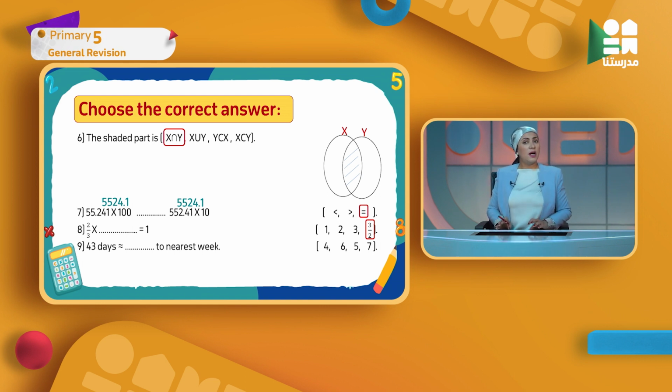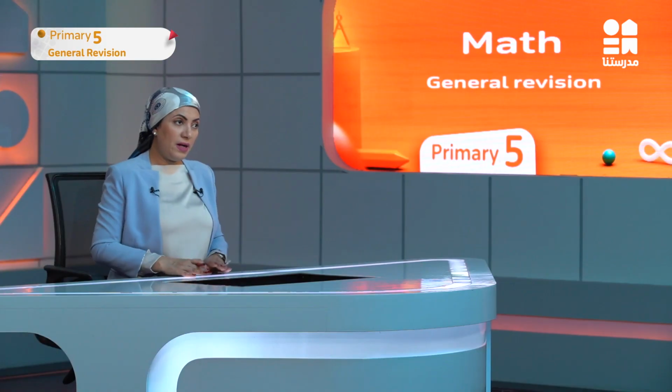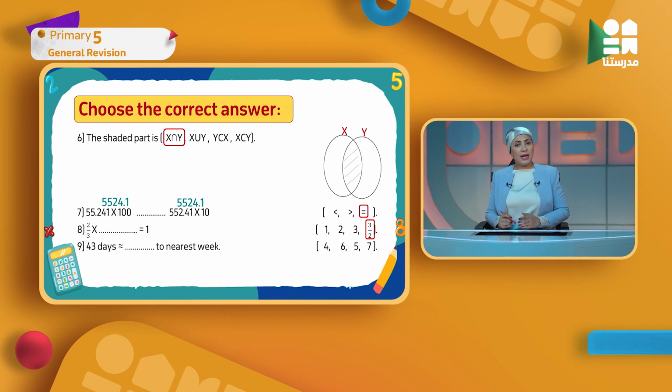It is consisting of 7 days. يبقى هنا أنا عايزة أعرف ال 43 days دول if I divide them by 7 will be equal to how many weeks? I will divide the 43 days على 7، ده العدد of the days أو number of the days in a week عشان أعرف أنا هيبقى عندي how many weeks approximately.